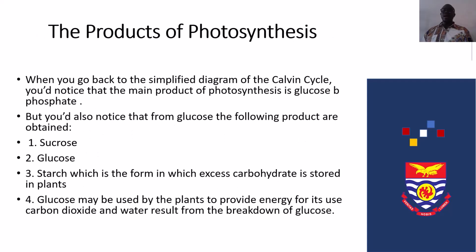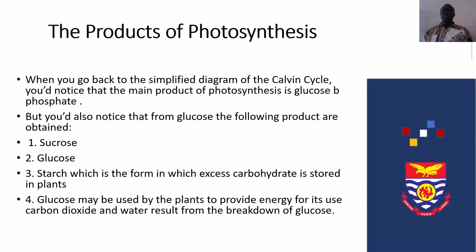When you go back to the simplified diagram of the Calvin cycle, you notice that the main product of photosynthesis is glucose-6-phosphate. You would also notice that from glucose, the following products are obtained: sucrose, glucose, and starch, which is the form in which excess carbohydrate is stored in plants. Glucose may be used by the plant to provide energy for its use.